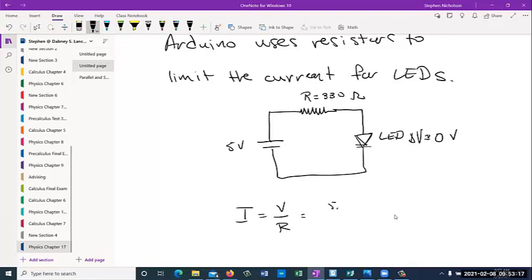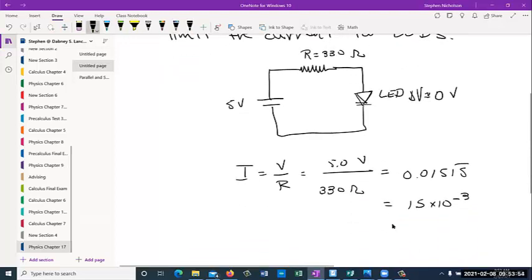We have 5 volts divided by 330 ohms, and I'll define the units for ohms in a second, but let's just do the calculation. 5 divided by 330, and what you end up with is 0.01515, repeating. So that is 15 times 10 to the minus 3. The reason I'm putting in 10 to the minus 3 is because that's milli.